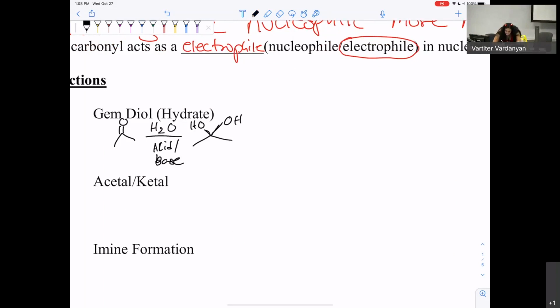And I know you guys talked about this in class last time. So what's more favorable, a ketone or a gem-diol? A ketone, and why is that? There's a couple of reasons. So yes, the carbonyl carbon is sp2 versus here it's what? sp3, cool.